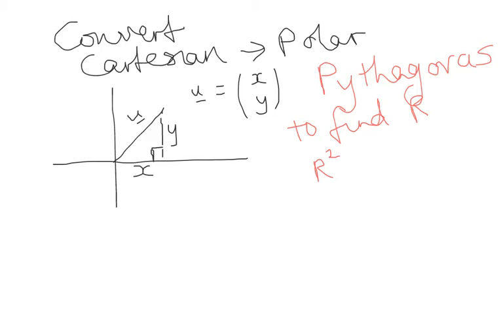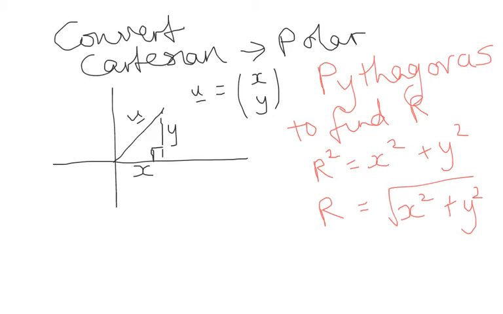So r squared is x squared plus y squared. Therefore r is equal to the square root of x squared plus y squared. We always use this formula to work out r.